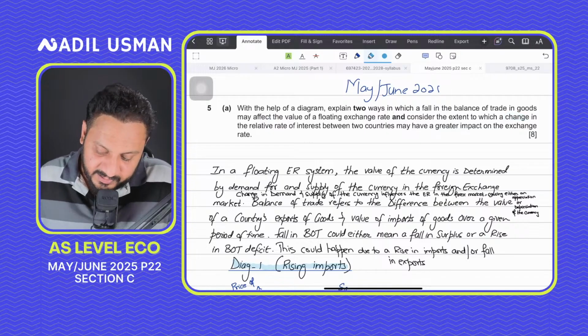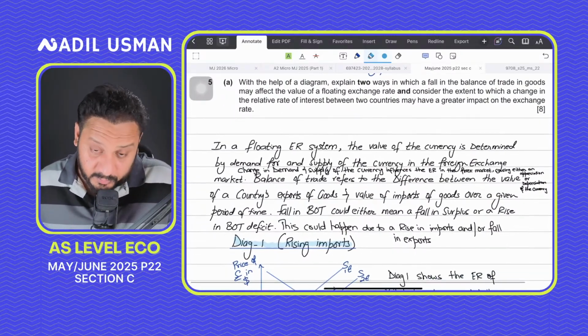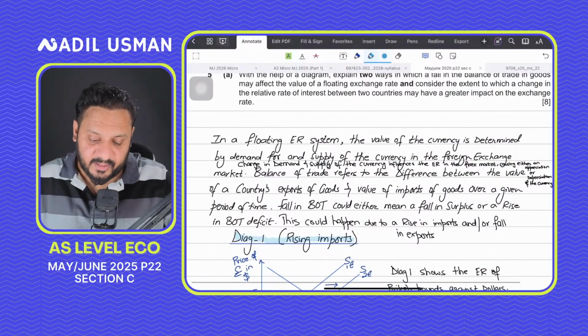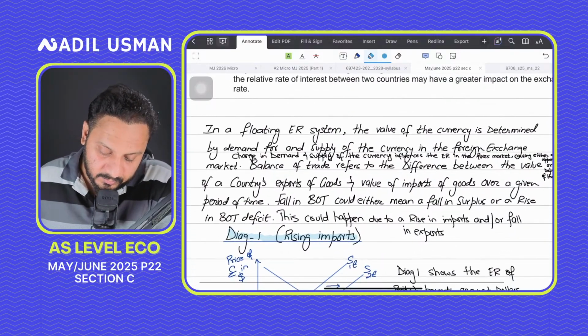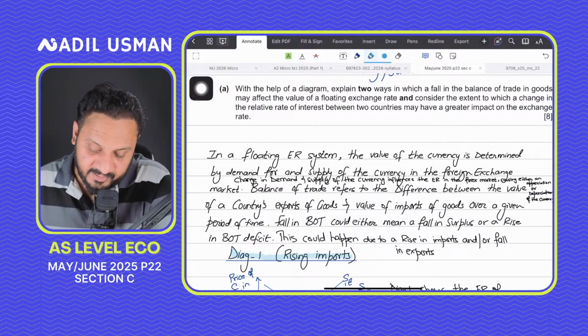So you start off by defining what a floating exchange rate is, and what the balance of trade is. You'll say that the question is saying explain two ways in which a fall in the balance of trade may affect the value of the floating exchange rate, right?